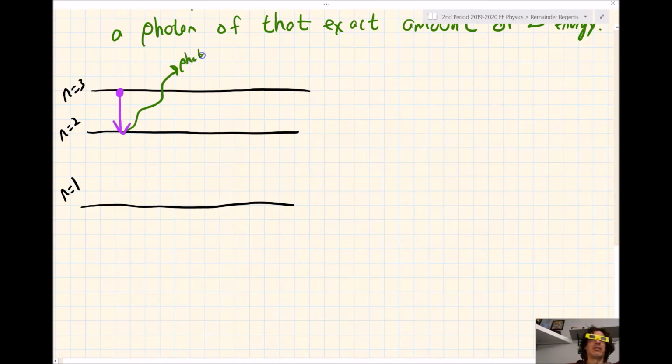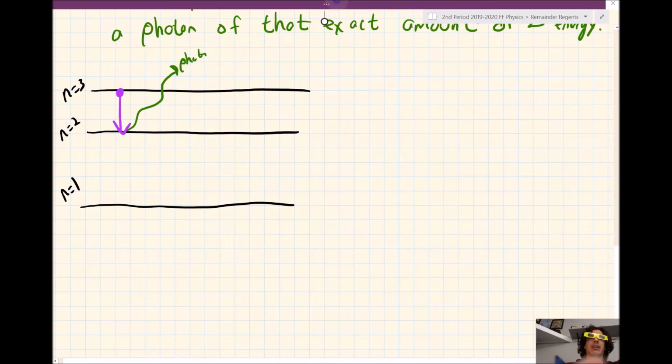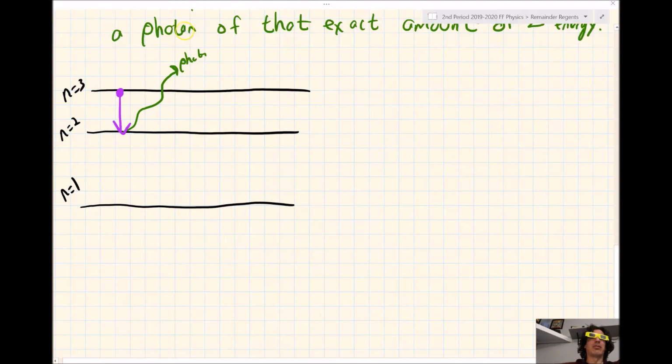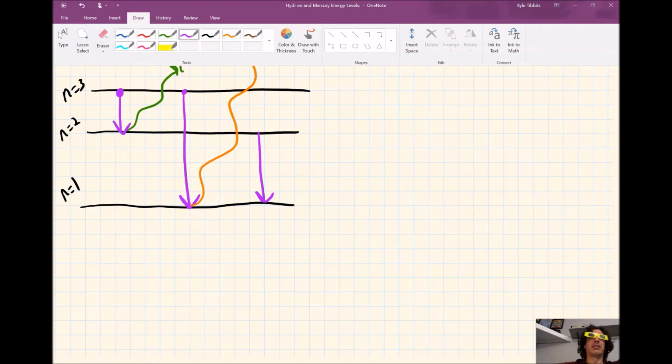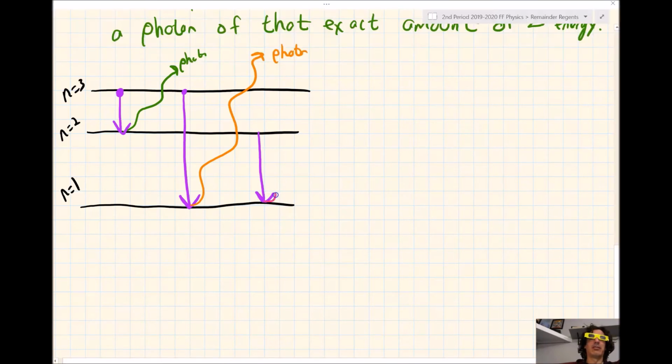That's a photon. It can also go from n equals 3 down to n equals 1 and release a photon of a different color. And then lastly, it can go from n equals 3 to n equals 2, and then also n equals 2 to n equals 1 and release a photon, again in a different color.